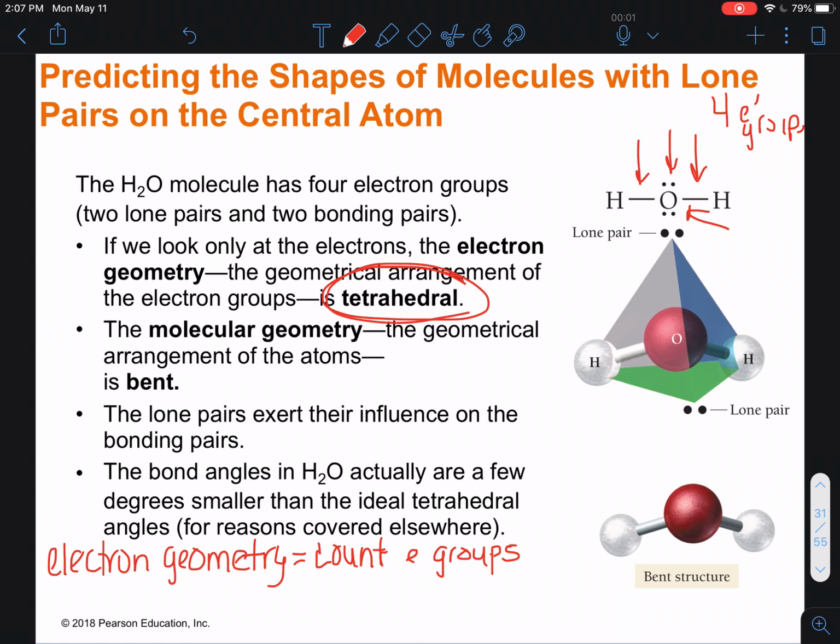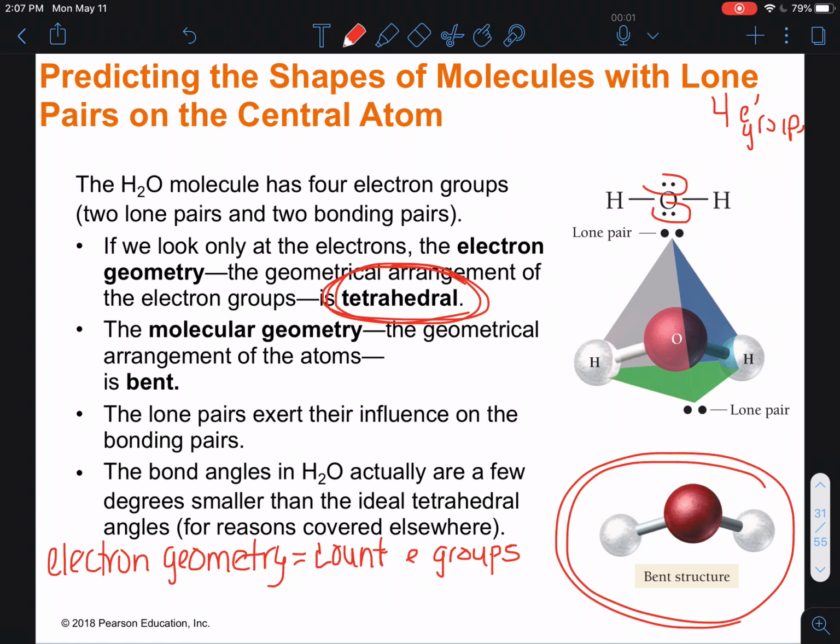Okay? But because we have 2 lone pairs associated with it, the structure is bent. All right, and that is because, let me see if I can just draw this a little bit better for you guys.